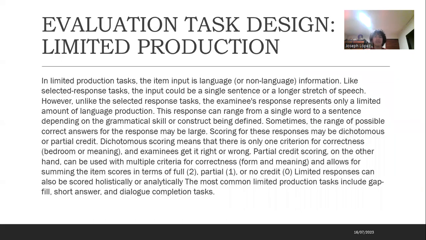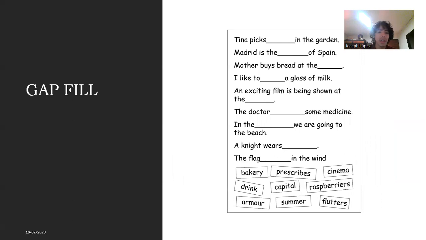Next is evaluation test design with limited production. The evaluation task with limited production shows one exercise, the gap fill, like we see in the image. The students fill in blanks, and in this test they should fill in a word.